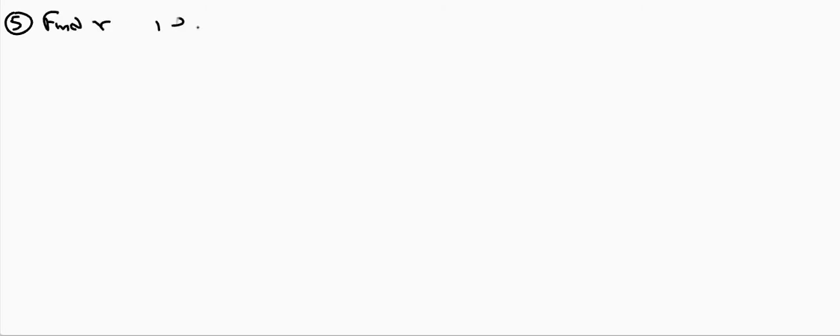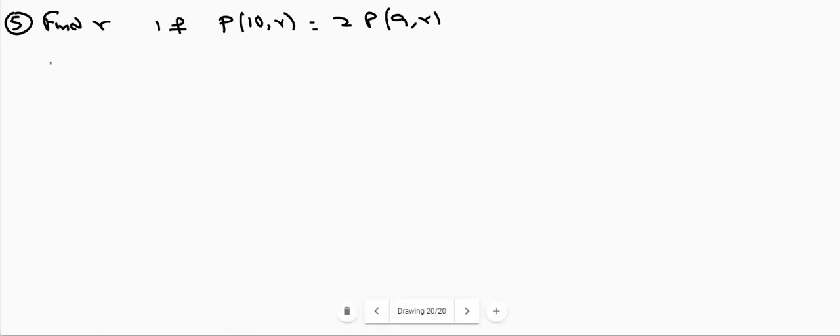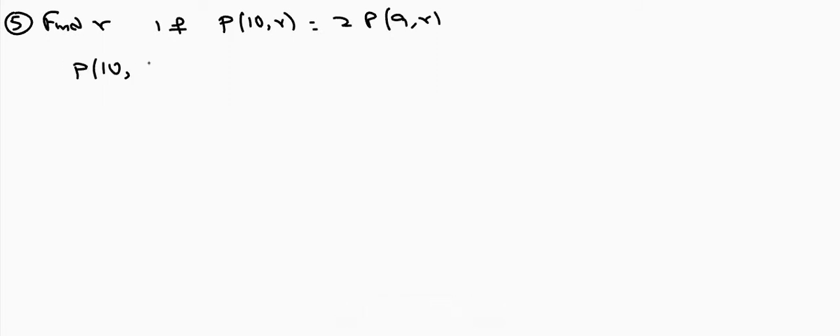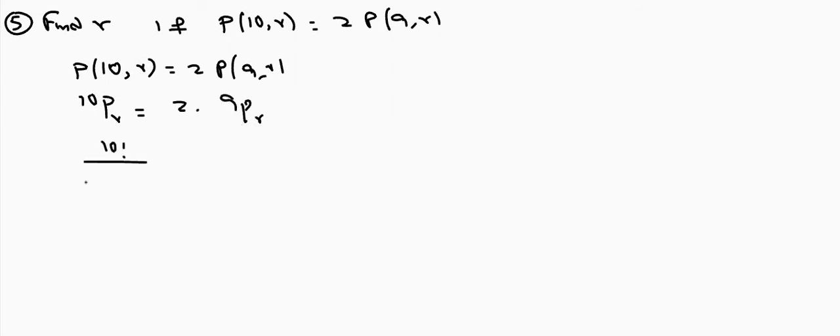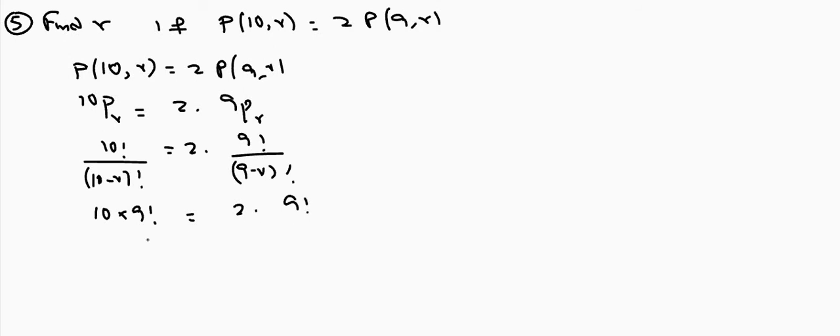Find r if 10Pr equals 2 times 9Pr. That is, 10Pr equals twice 9Pr. 10Pr means 10 factorial by (10 minus r) factorial is equal to 2 times 9 factorial by (9 minus r) factorial. You can write 10 factorial as 10 into 9 factorial, which is equal to, in the RHS, 2 into 9 factorial. 9 factorial will get cancelled, and 10 minus r minus 1 is 9 minus r.